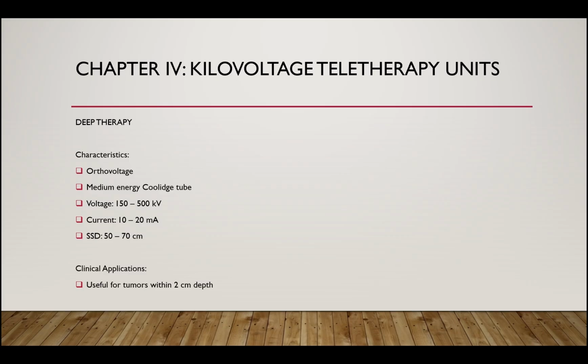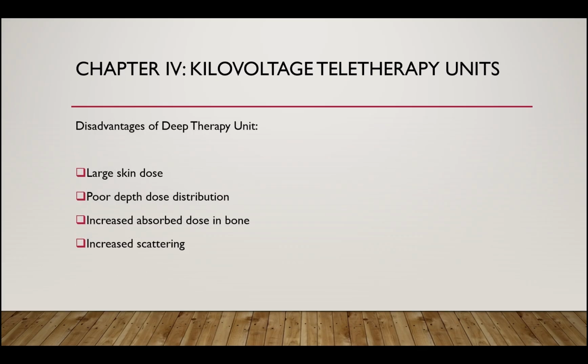So, the deep therapy or the orthovoltage therapy has several limitations or disadvantages. So, as I have mentioned earlier, the skin dose is very large. Okay? Because 90% of the dose or the beam is absorbed in the skin surface, making the depth dose distribution poor.